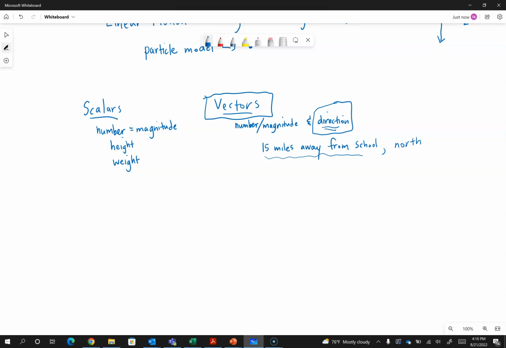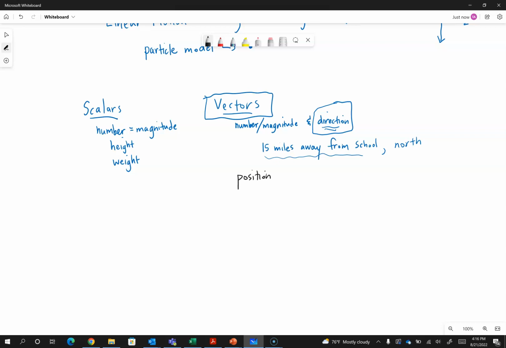So in terms of where we're starting now with basic motion, our vectors are going to be our position. Position is exactly what I was just representing. 15 miles away, that's how far, and direction, north.